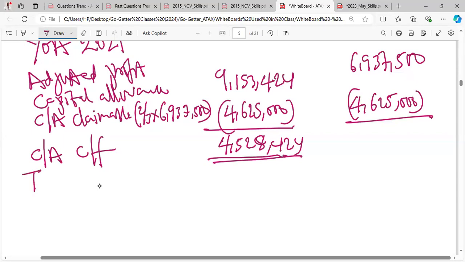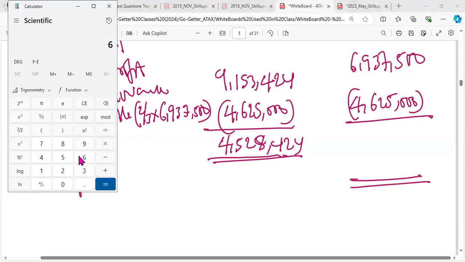Then you have your total profits. Total profits will be 6,937,500 minus 4,625,000. That will give me 2,312,500.